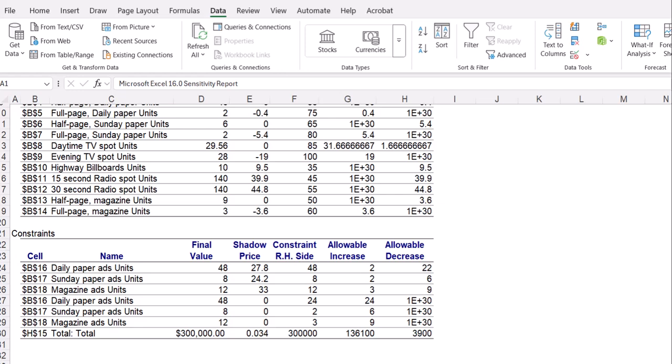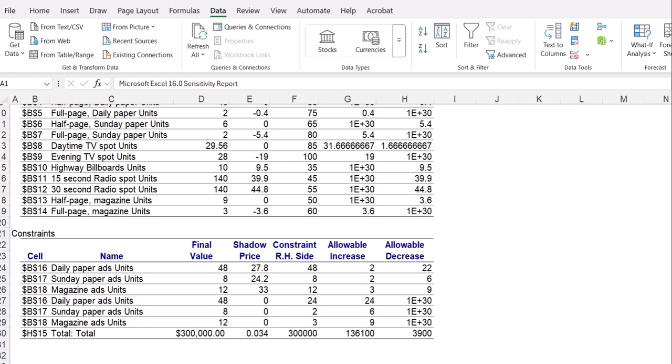So if the left-hand side of the constraint equals the right-hand side, then I have a binding constraint. The other way that you can tell is we have a 0 shadow price on some of these. So when I look at these, I say my final value for daily paper ads was 48. My constraint was 48. I have a shadow price of 27.8.